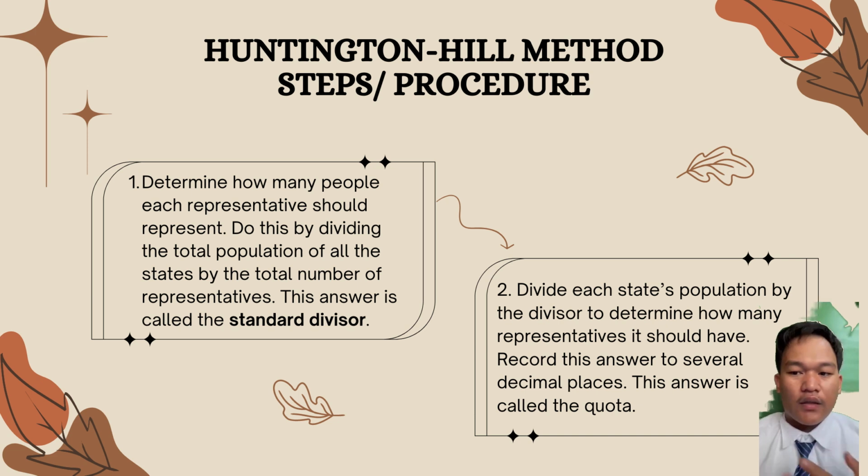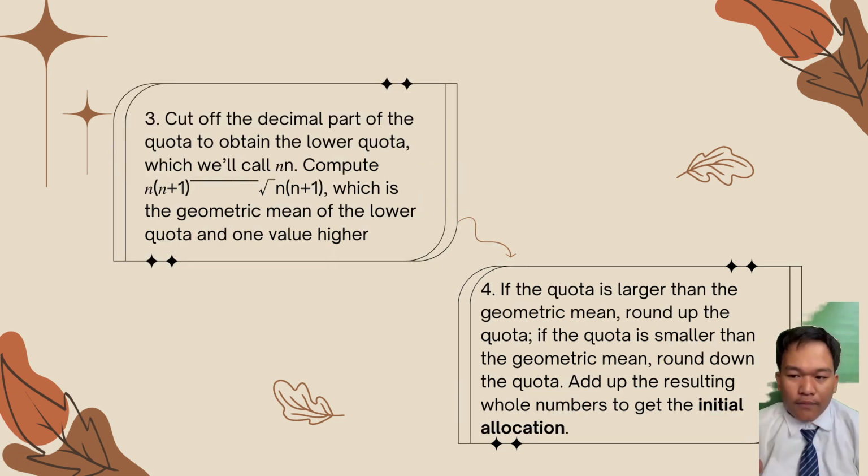Record this answer to several decimal places. This answer is called the quota. Step 3. Cut off the decimal part of the quota to obtain the lower quota, which we call n. Compute the square root of n times n plus 1, which is the geometric mean of the lower quota and the next value higher.